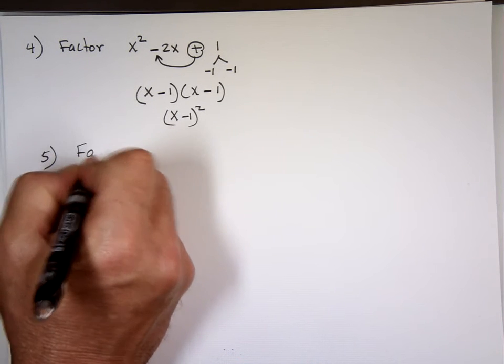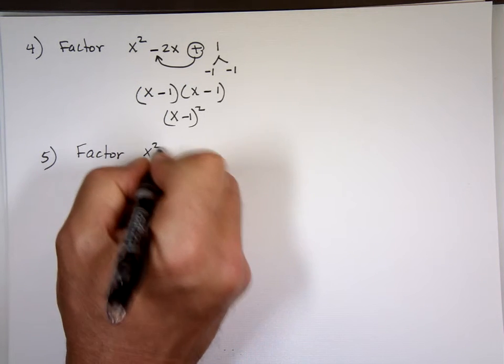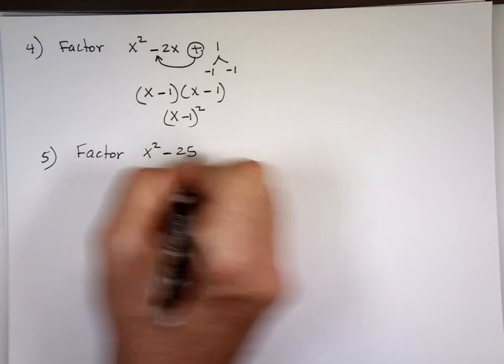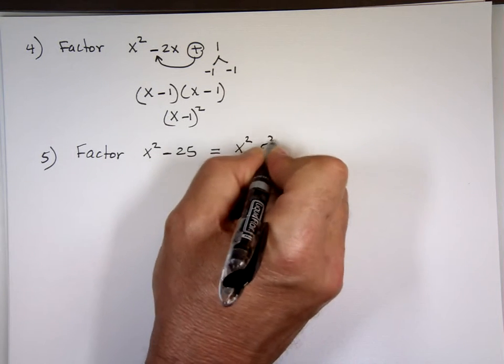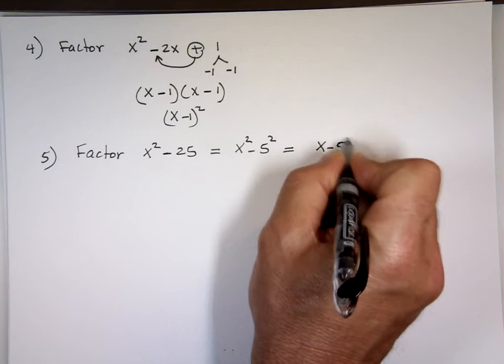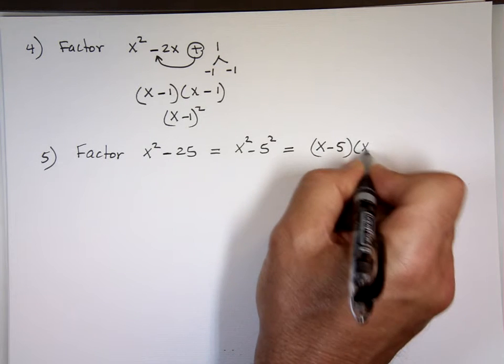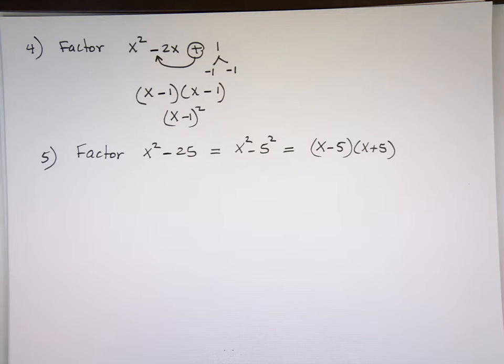Number 5, factor x squared minus 25. You can write the 25 as 5 squared. And I can write that now as x minus 5, x plus 5. Done.